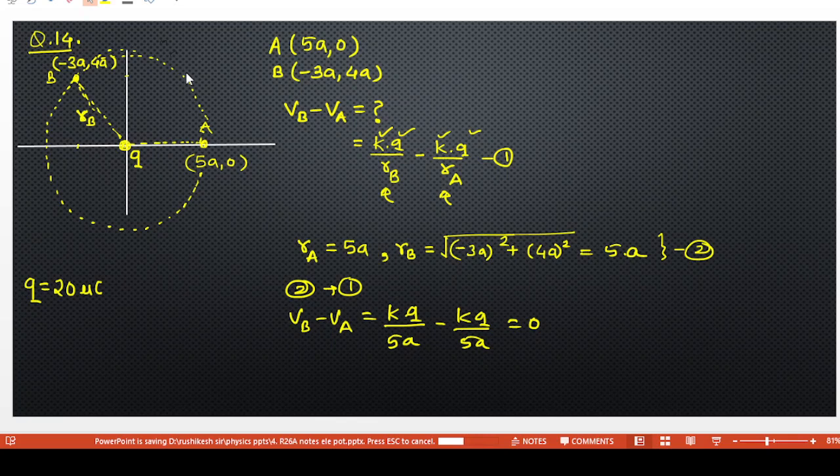Next, question number 15. Solve with me. Electric potential at location x, y, z is given to you.